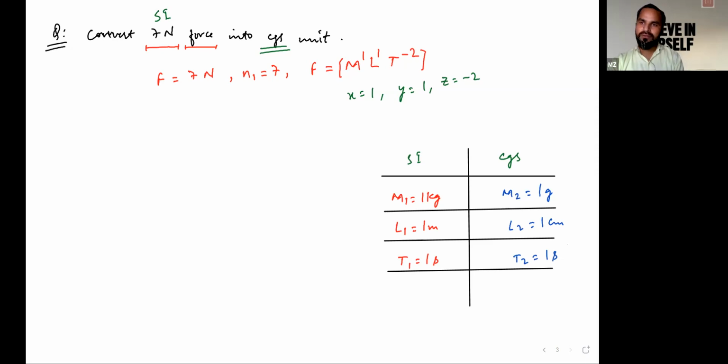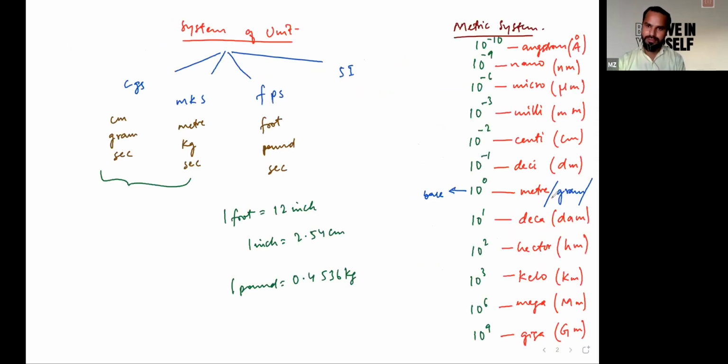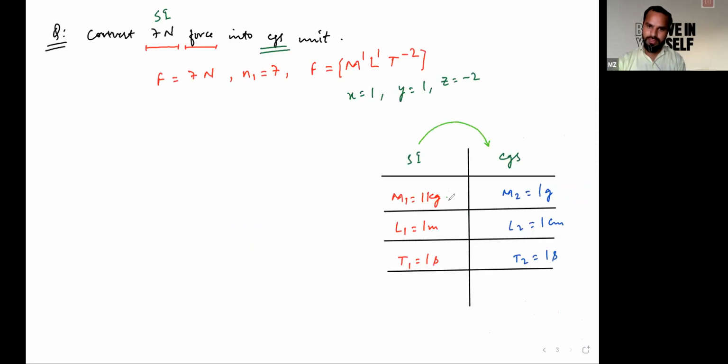Now we have to convert this particular SI system of units into the CGS units. So we first have mass in terms of kg. We have to convert mass in terms of gram. Using this relation, between gram and kilogram there is an exponent of 3, so it would be just 10 raised to the power 3 gram.